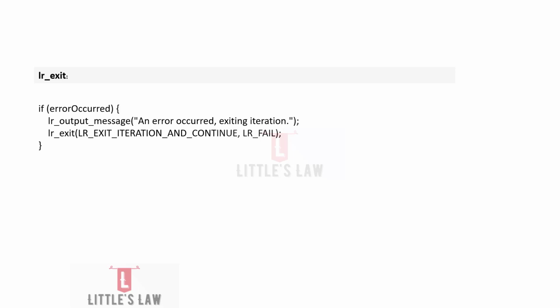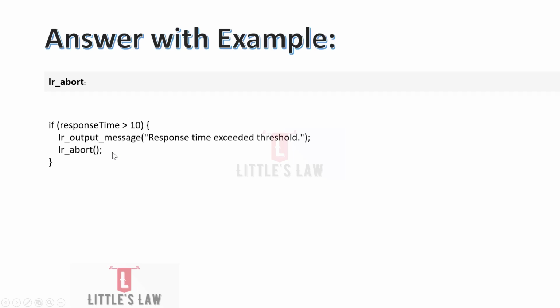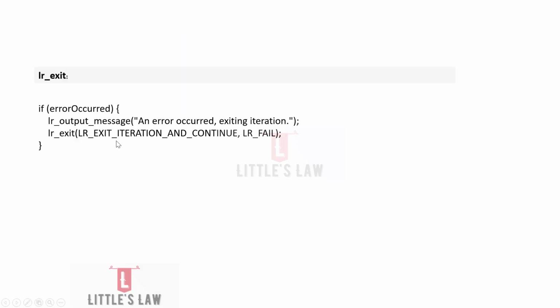If a specific set of data fails verification, I utilize the LR exit function to gracefully conclude that iteration. Here you can see I'm concluding that particular iteration, that is LR exit iteration, and continue LR fail, ensuring accurate test results without affecting the overall load testing process. So this is the difference between LR abort and LR exit.